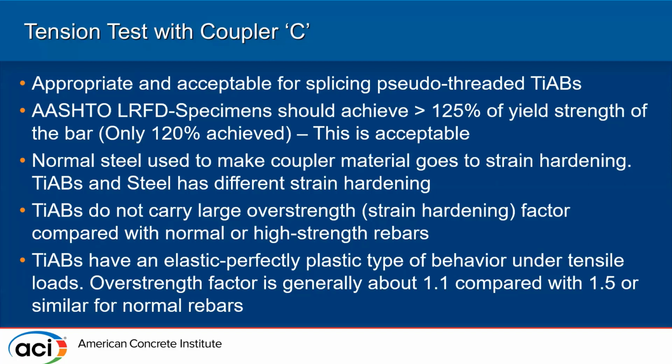We thought this would be acceptable because normal steel used to make the coupler goes to strain hardening, and titanium alloy bars and steel have different strain hardening. Also, titanium alloy bars do not carry a large overstrength factor compared to normal or high strength rebars. They have an elastically perfectly plastic type of behavior under tensile loads, and the overstrength factor is generally about 1.1 compared to 1.5 or similar.